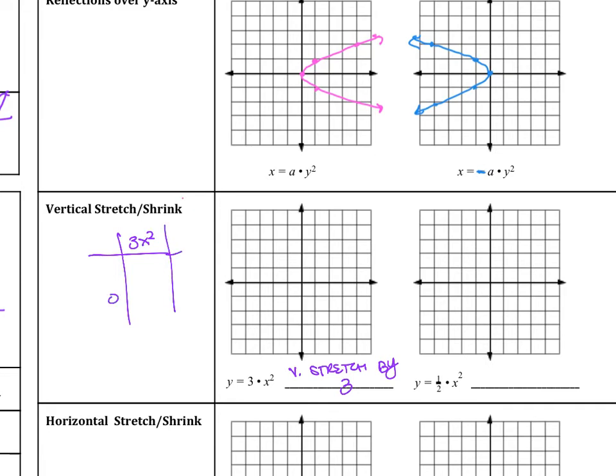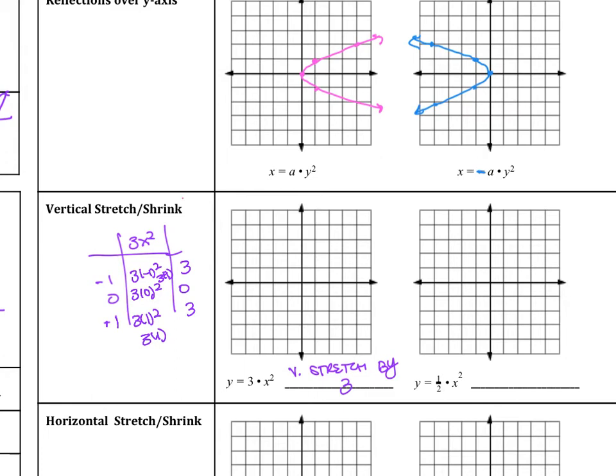So I'm going to do 0, 1, and -1 and +1 here. If we plug in 0, 3 times 0 squared, that's just going to be 0. Now 3 times 1 squared, so 1 squared is 1, and so this is going to be 3. And then on the left, 3 times -1 squared, so the -1 is squared, so that ends up being 3 times 1, which is still +3.